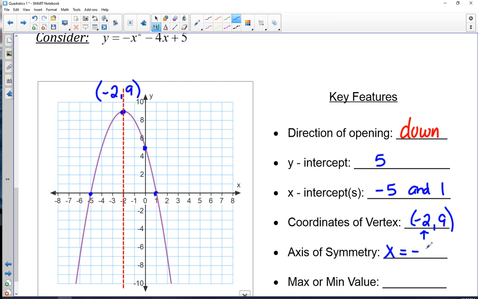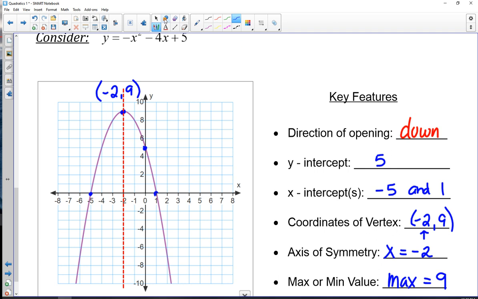So in this case, x equals negative 2. And then finally, because this parabola has a vertex at negative 2, 9, and because it opens downwards, we know that the vertex is a maximum value, and the maximum value is equal to 9.